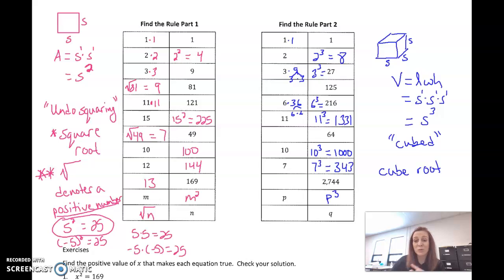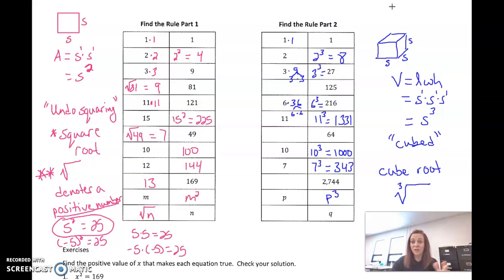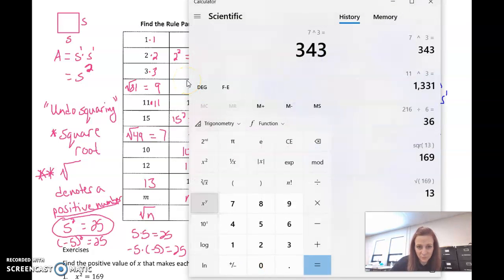Now the cube root looks really similar to the square root sign, but you put a little 3 here. That's why I thought it was kind of cool in the calculator. They put a little 2 there. You don't have to put the 2 there. If you did, it wouldn't be wrong. But you undo cubing by taking the cube root. So I need to take the cube root of 125.